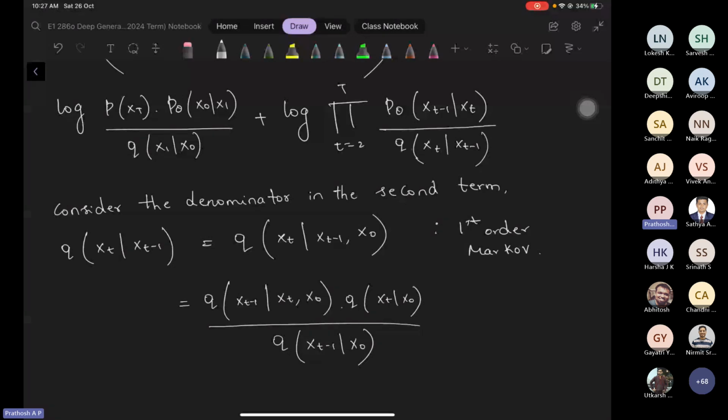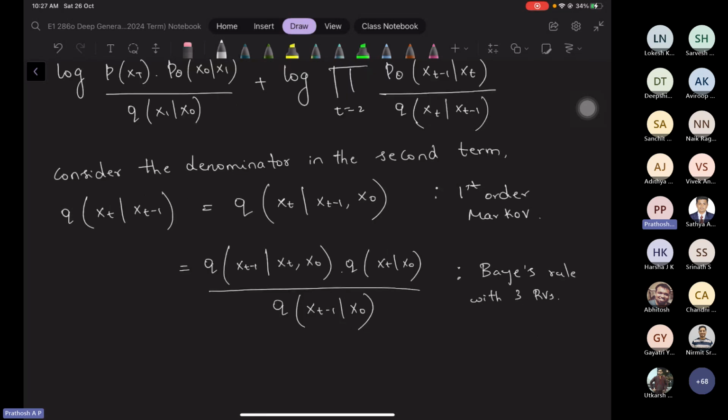This is simply Bayes' law. You have probability of A given B and C can be written as probability of B given A and C times probability of A given C divided by probability of B given C. That is Bayes' law with 3 random variables. You can check that out on Wikipedia. This is simply Bayes' law.